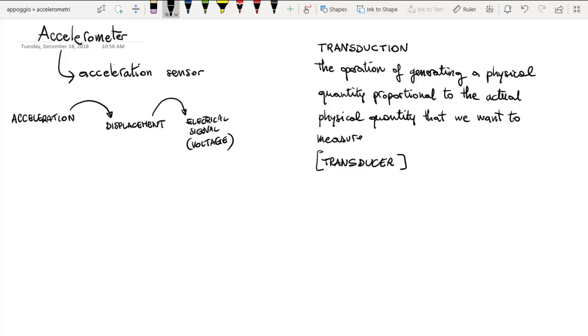This is all analog, in the sense that we have an actual voltage, a real number, and then finally we can perform the AD conversion and have a number that we can store in the memory, process in the application, and so on. So in this particular case we need the combination of at least two transducers. One from acceleration to displacement, and the second one from displacement to electrical signal.